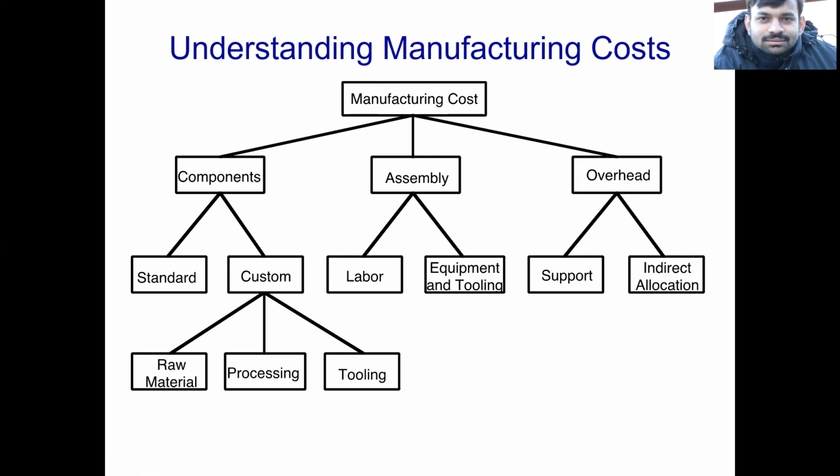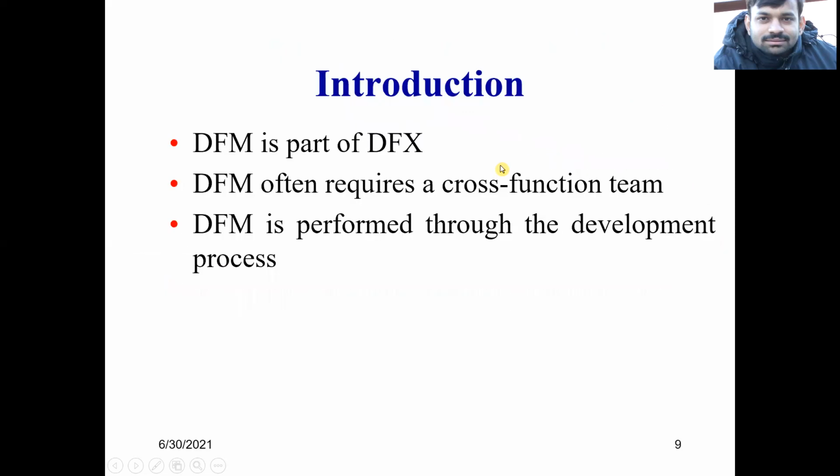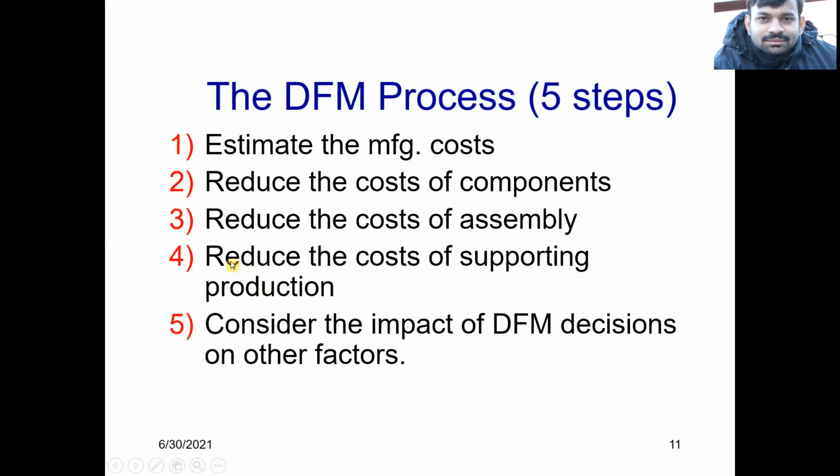The company will be able to give better competition to its peer companies, and ultimately increase their profit and provide better services. Well, it depends on the company, but it will make more profit. So the fourth step, that is reduce the cost of supporting production, is done like this.